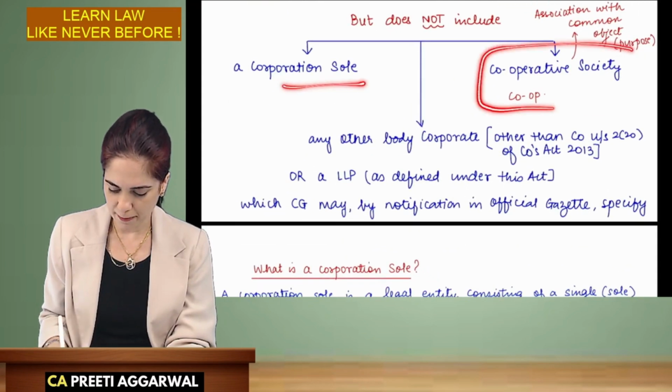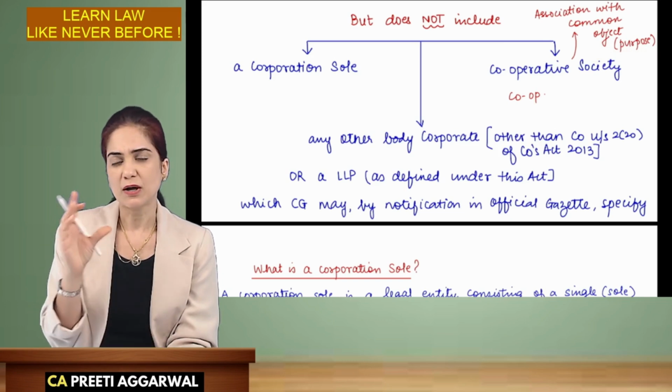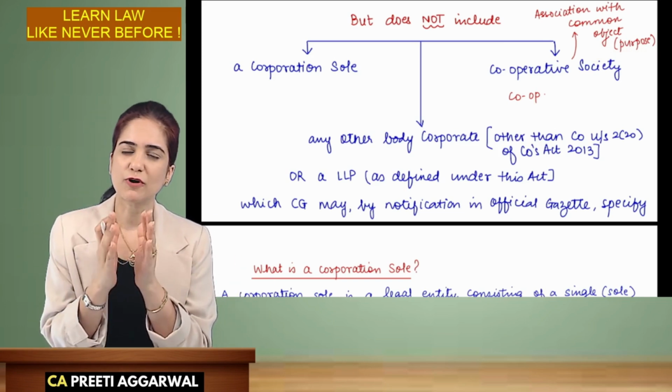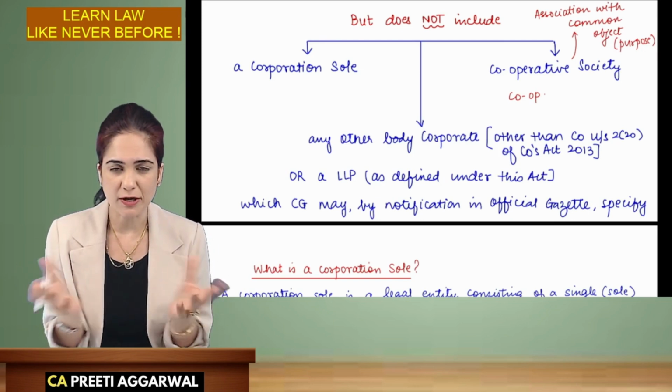It does not include cooperative society. These are associations made for a common object or purpose, like co-op in UK, where people come together for a common object, like giving farmers a better price for their product.